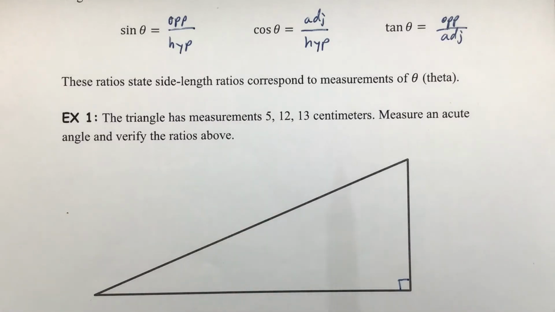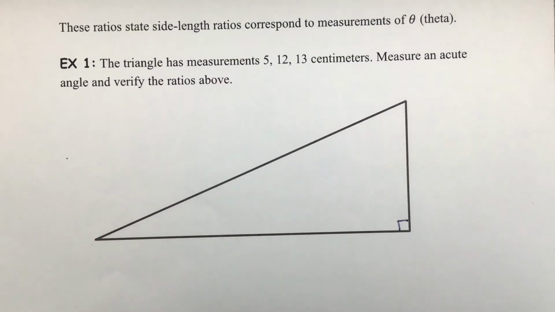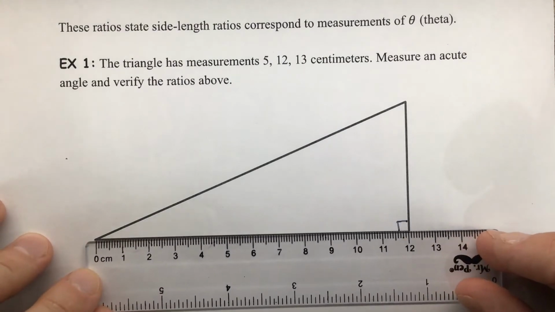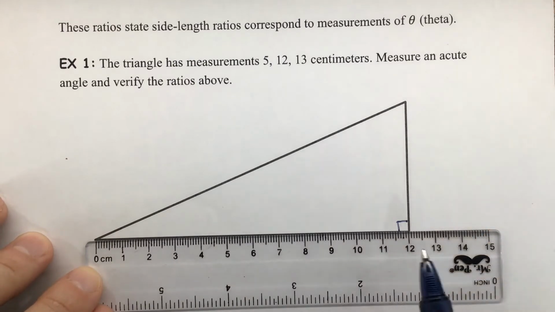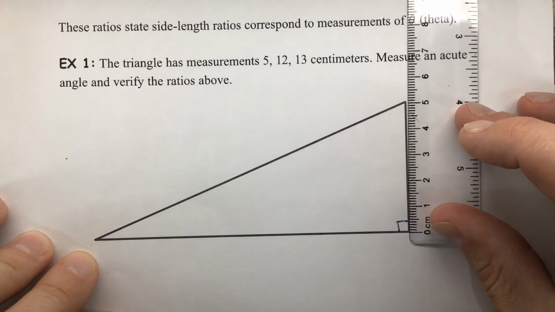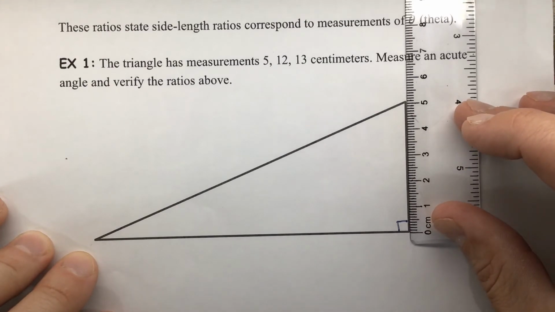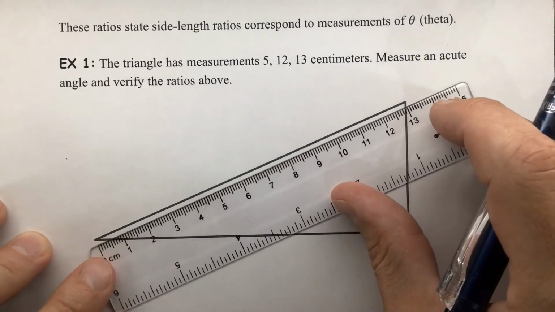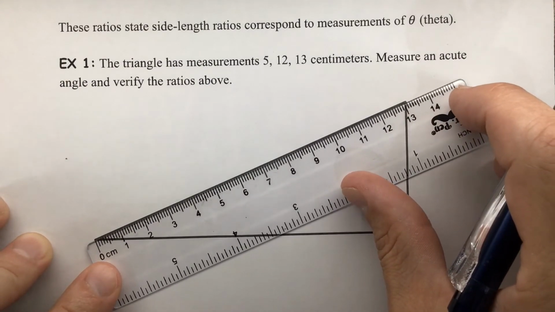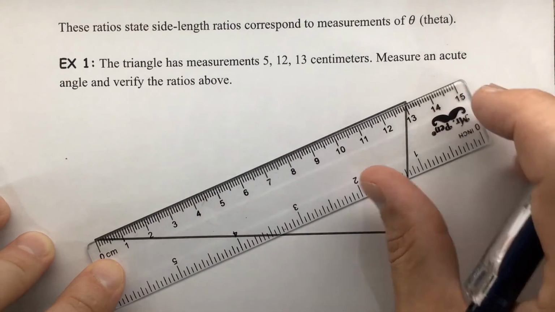All right, so what I'm going to do first is just measure to verify that these are the right measurements. All right, so we can see there on the base that you've got 12 centimeters. The height is going to be 5 centimeters, and this one's barely going to fit on my little ruler here, but we've got 13 centimeters there.